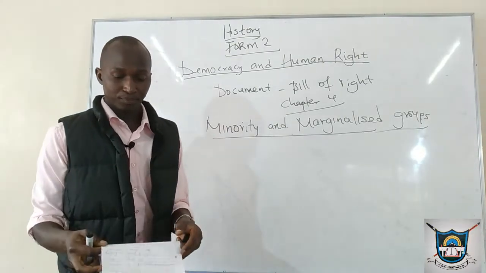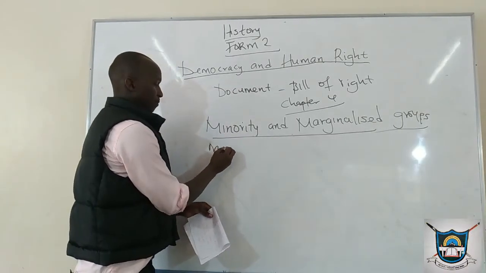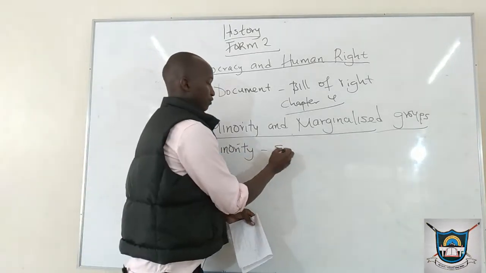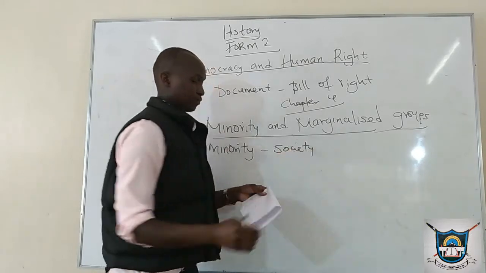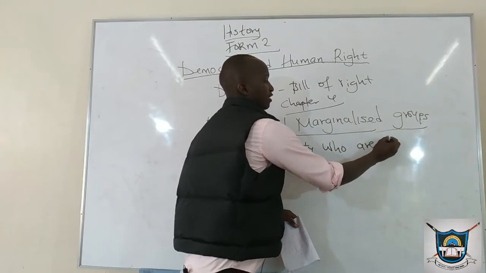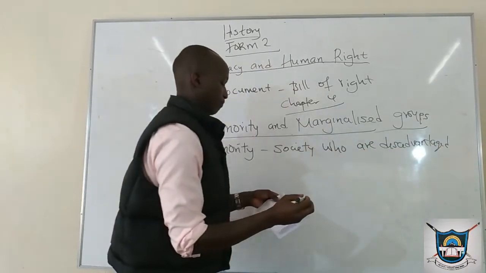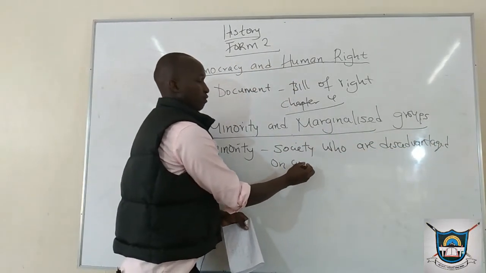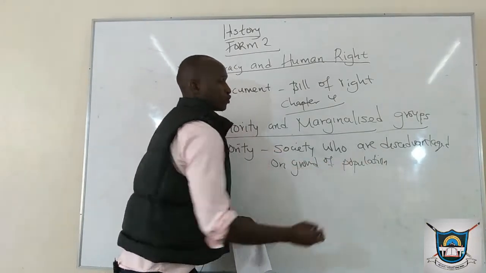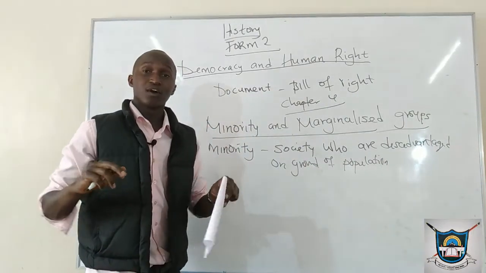Minority groups refers to groups in a society who are disadvantaged on grounds of population. So these are the small groups in Kenya. They are disadvantaged on the base of population.